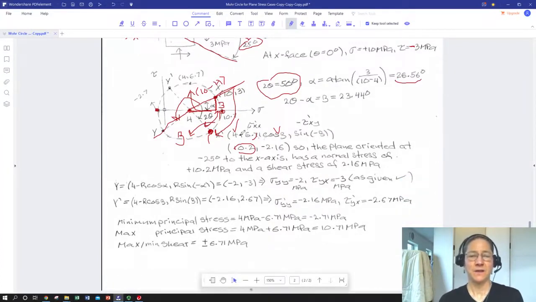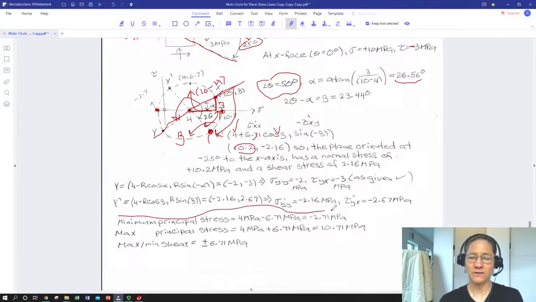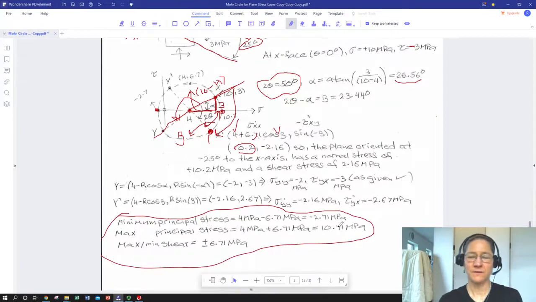Okay. Last but not least, what we got off of our Mohr circle, probably right up front, was the most important thing. We can write our principal normals that we got right at the beginning.